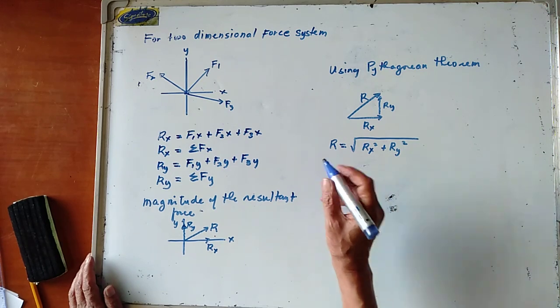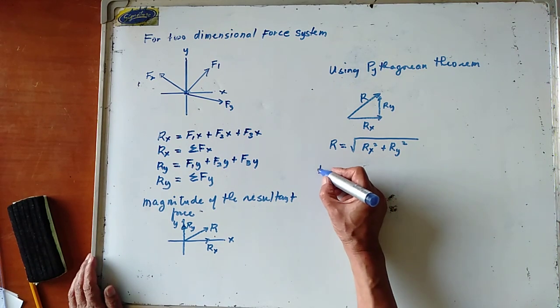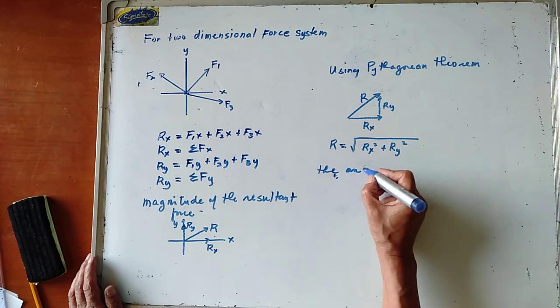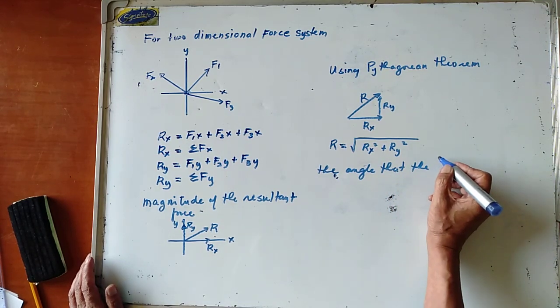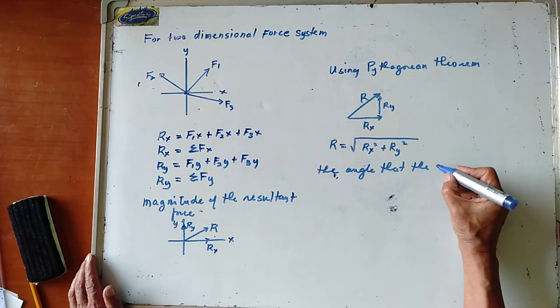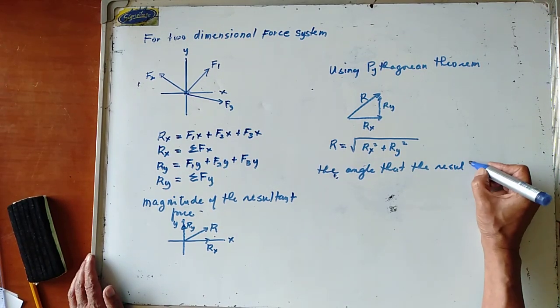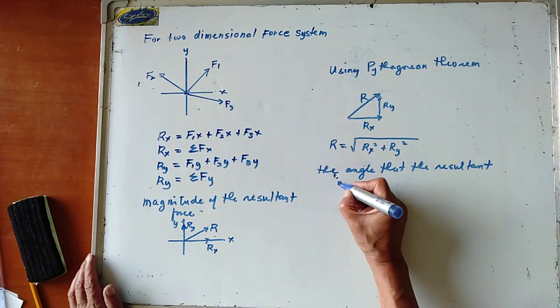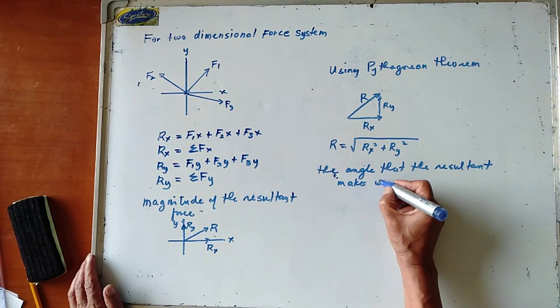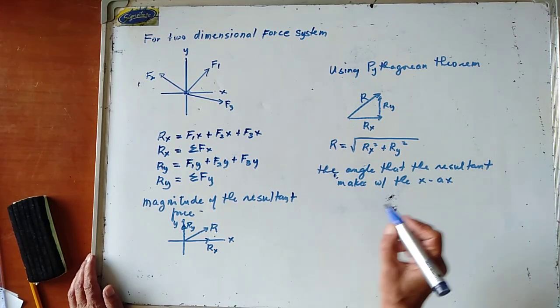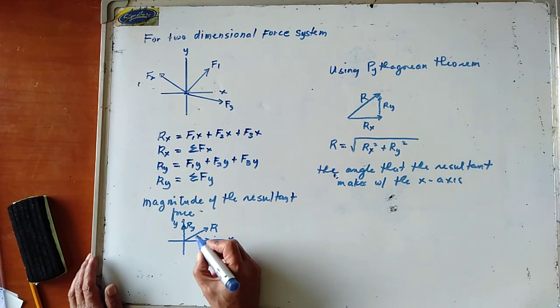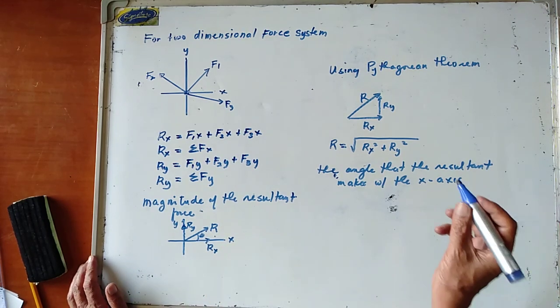Now, how are we going to determine the angle that the resultant makes with the x-axis? This is the angle that the resultant makes with the x-axis, and let's consider that as theta.